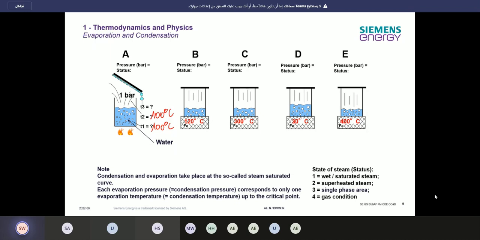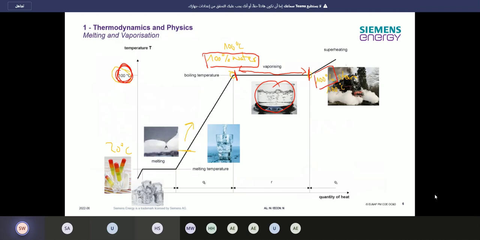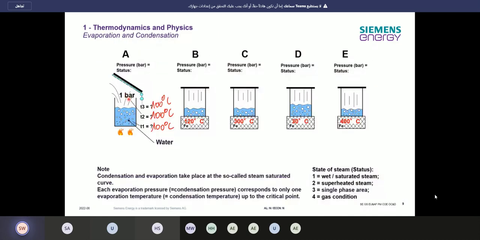And then when we condensate it again, the condensating temperature will also be 100 degrees Celsius. So all three temperatures are equal because we are still here on this phase. Steam is getting out, it's 100 degrees, it's not getting superheated, we don't have any energy source in here which can heat up our steam further, and over here we condensate it and bring it down.